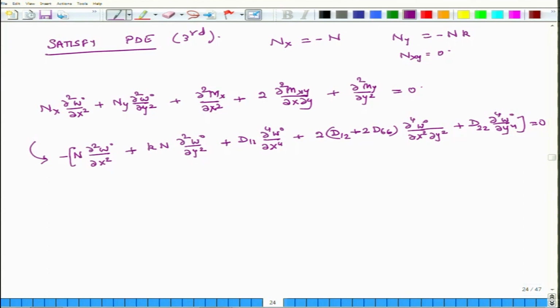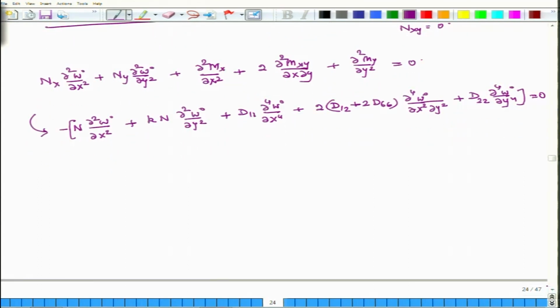Okay. So, this is the differential equation, and now what I do is substitute w naught x y as w naught sine m pi over a times x sine n pi y over b.